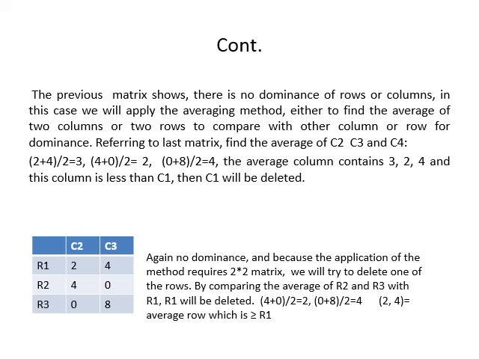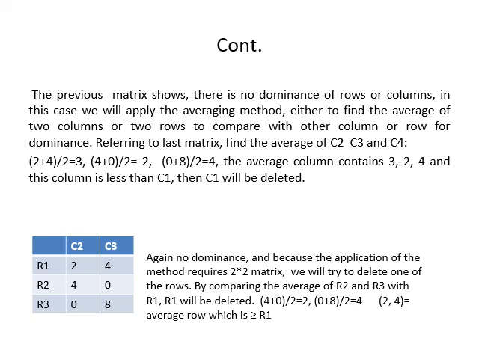Again, no dominance, and because the application of the mixed strategy requires a 2 by 2 matrix, we will try to delete one of the rows using again the average methods.